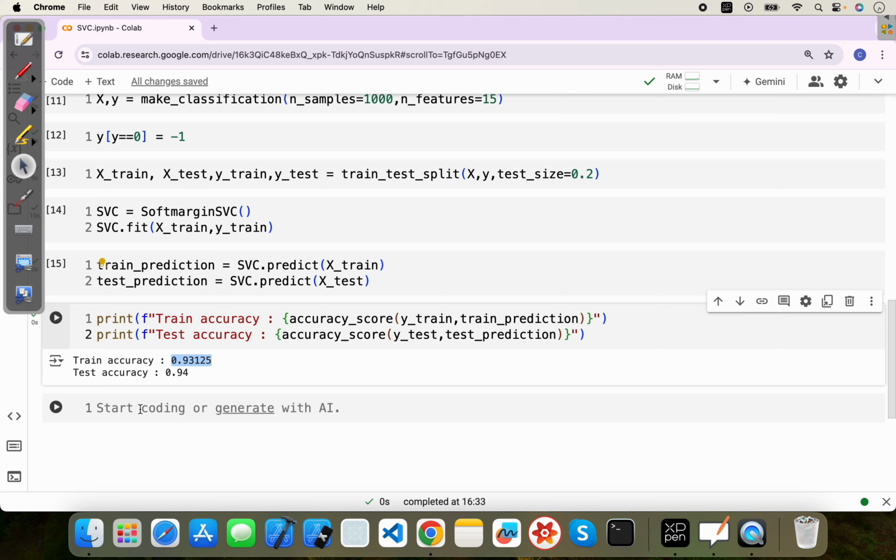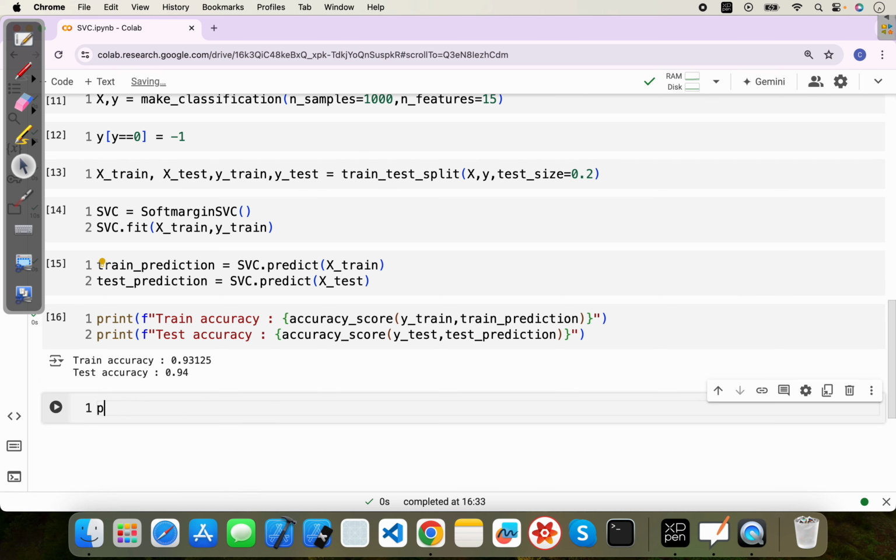So let's print the confusion matrix as well. So let's say print, train confusion matrix would be an f-string, confusion_matrix of y_train and train prediction.